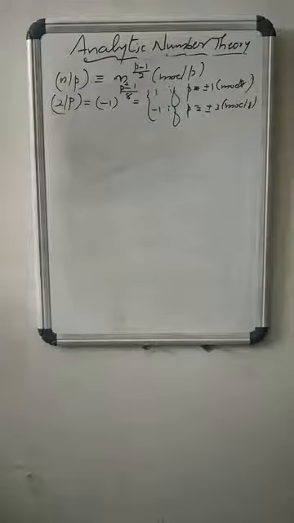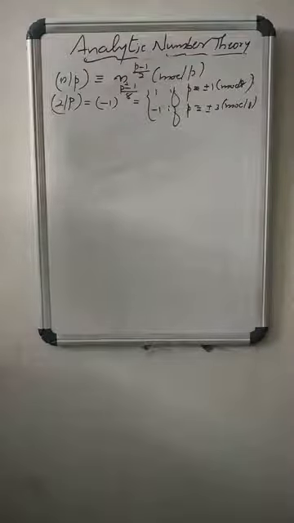For every odd prime p, (2/p) equals (-1)^((p²-1)/8), that is 1 provided p is congruent to ±1 mod 8, -1 provided p is congruent to ±3 mod 8. How?